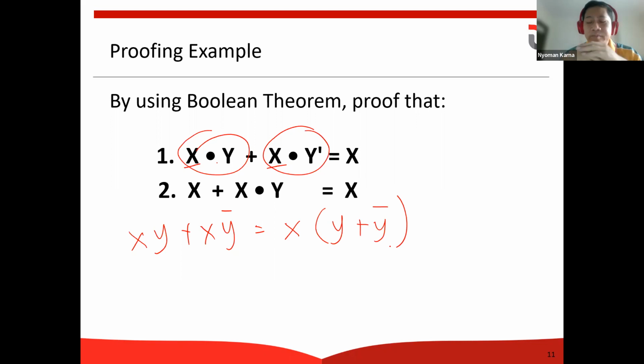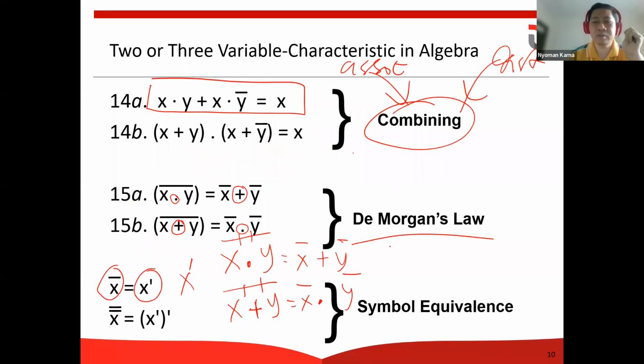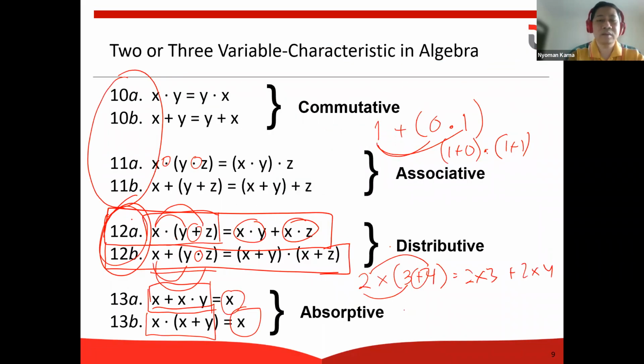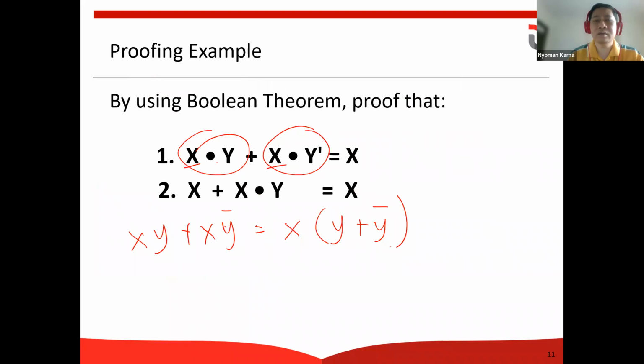This is distributive, right? Remember about distributive is 12a: xy plus xz still has the same x, then we can take out the x and then y plus z. So something like this, y plus y naught.